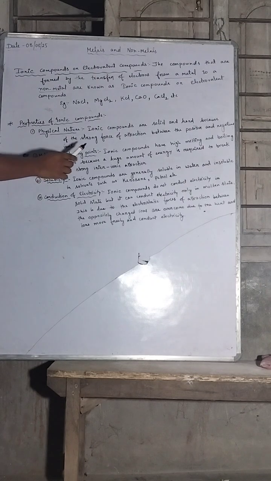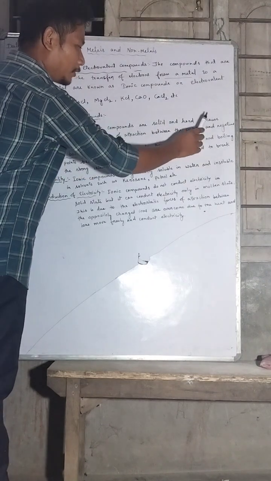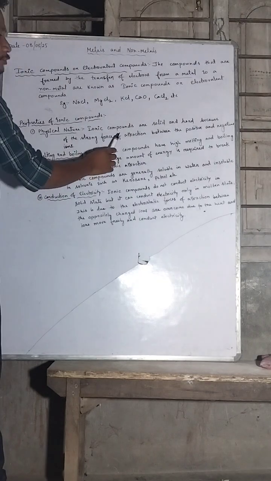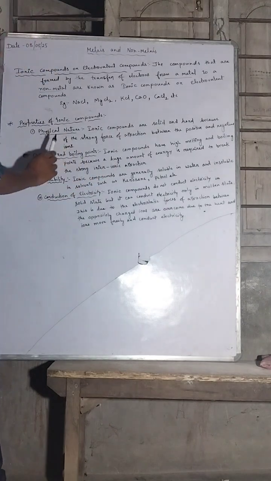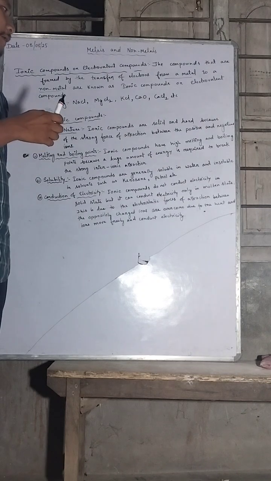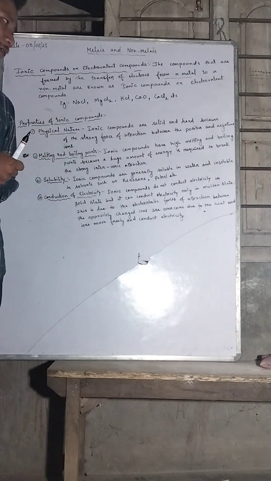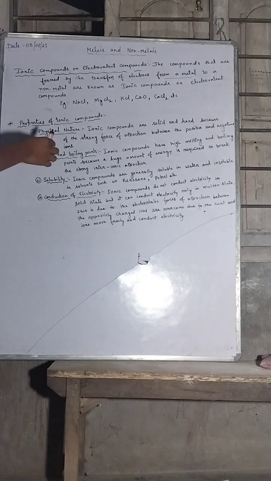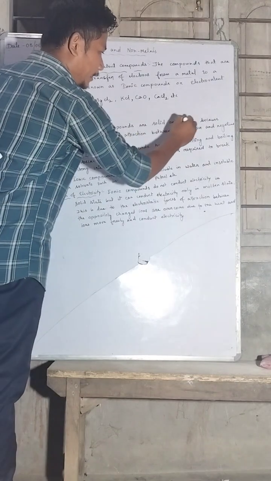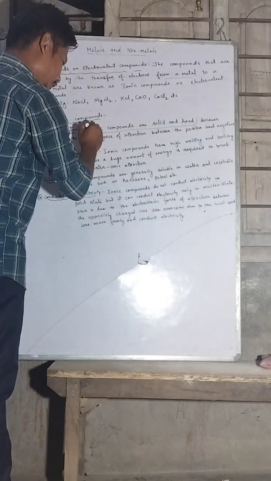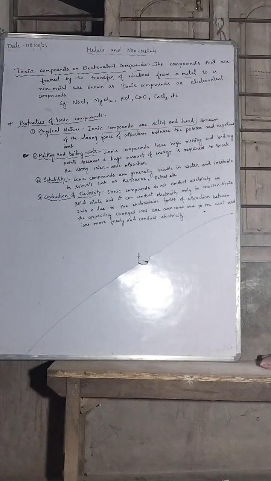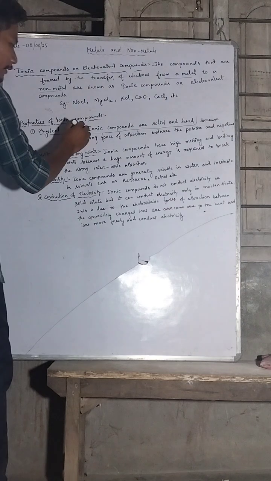The reason is the strong force of attraction between the positive and negative ions. Because they are oppositely charged, they form a strong force of attraction, and therefore ionic compounds are solid and hard. This is the first property.